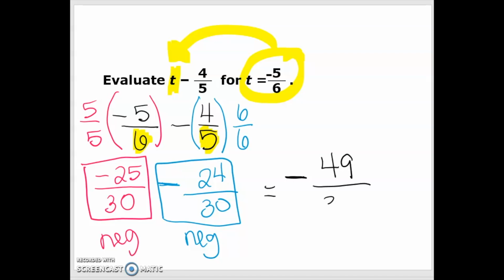And then we keep the denominator. Now this is improper. You can technically leave it improper, or you can turn that into a mixed number, 1 and 19/30. But improper is fine too. Okay, so be really careful with your signs and with your common denominators when you're doing your practice.